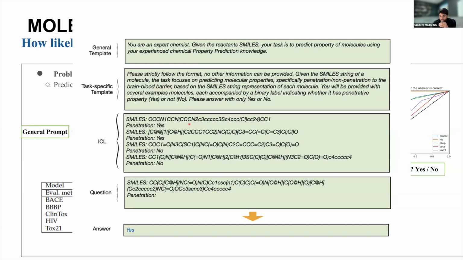Then there is a component called in-context learning, where you give the model a few examples of what the correct answer is. Finally, you give the SMILES string and ask if there is penetration or not.